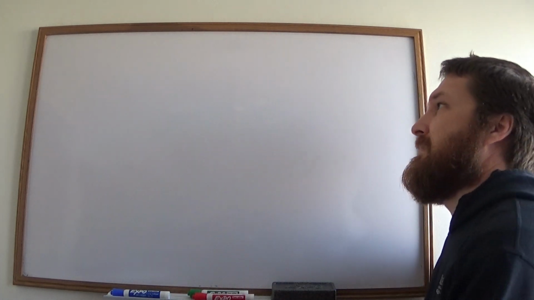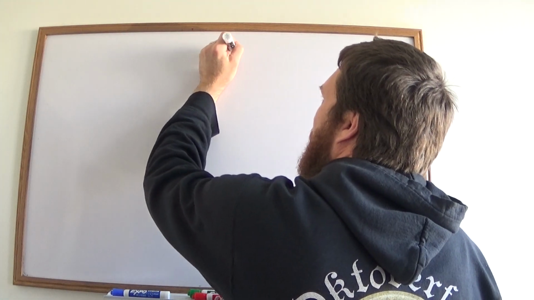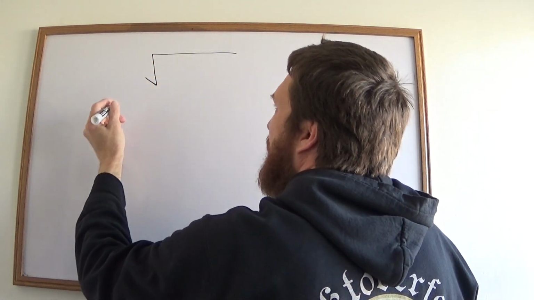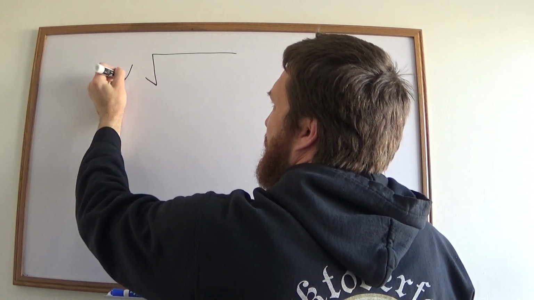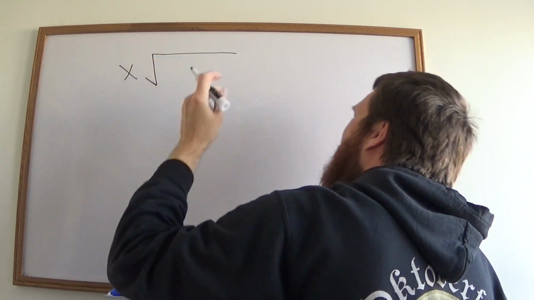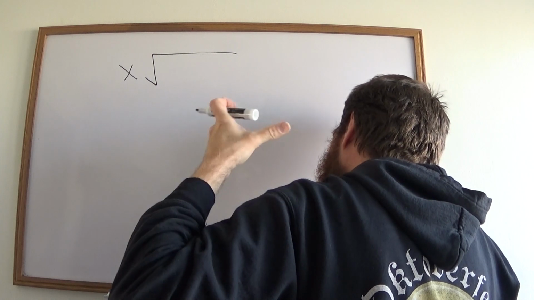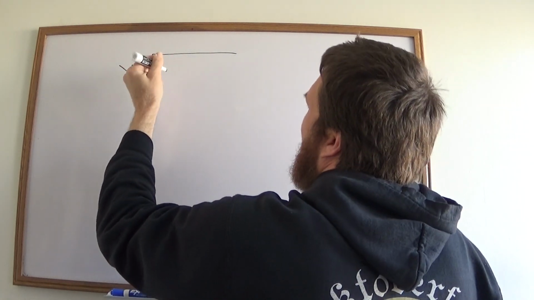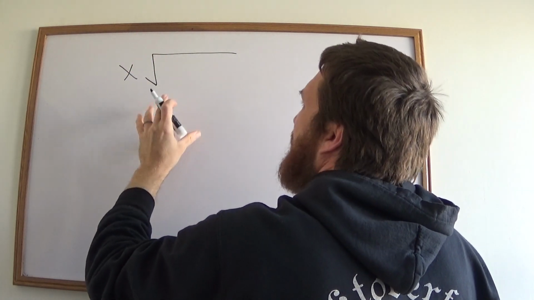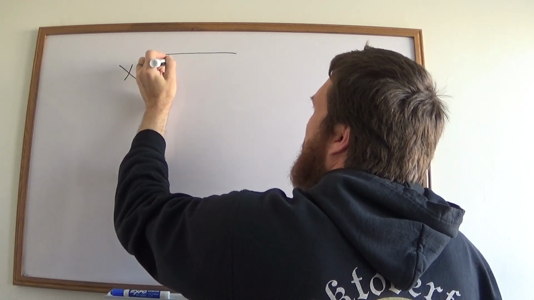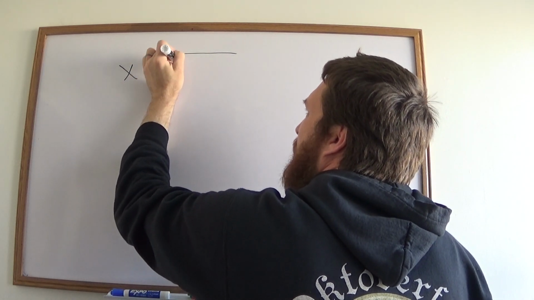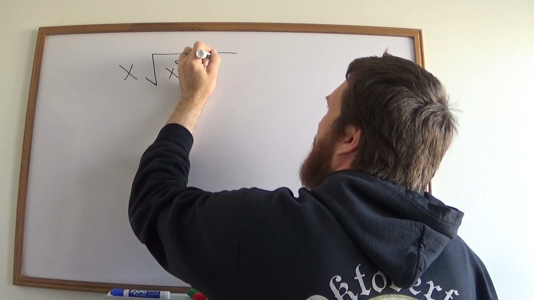I'll just say this. If at some point you end up with something that looks like this, and it might not be an x, it might be a different variable that you're working with, but maybe you have something like this.